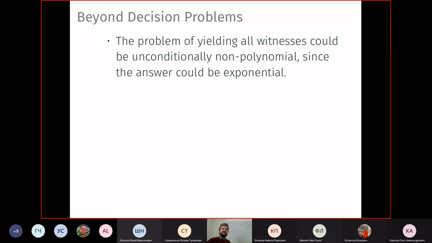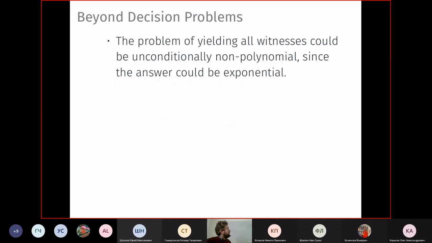How can you yield all satisfying assignments? You should yield all the assignments. And this process is going to be exponential, not because it's something NP-hard, but just because your answer is exponential. And therefore, it's unconditionally non-polynomial. It's a rare case where you have a non-polynomiality result as is, not referring to some unproved hypothesis, unproved conjecture. It's just exponential.